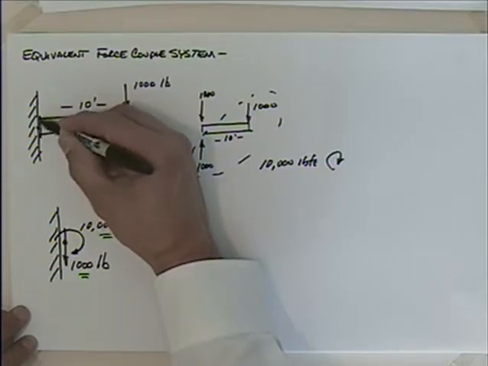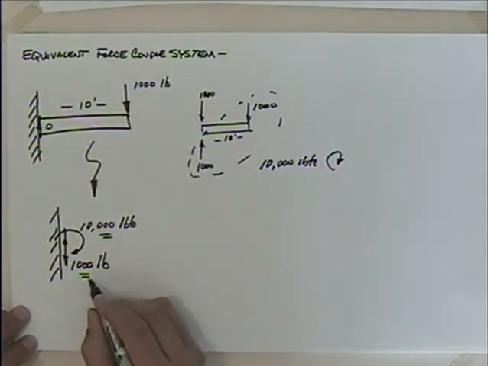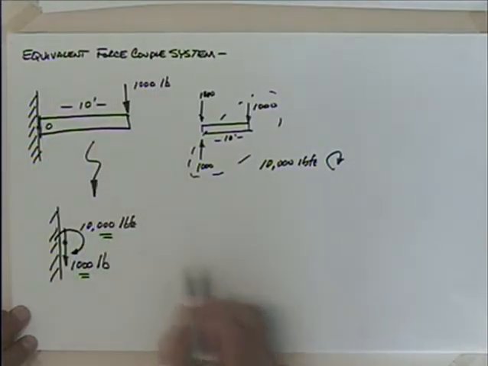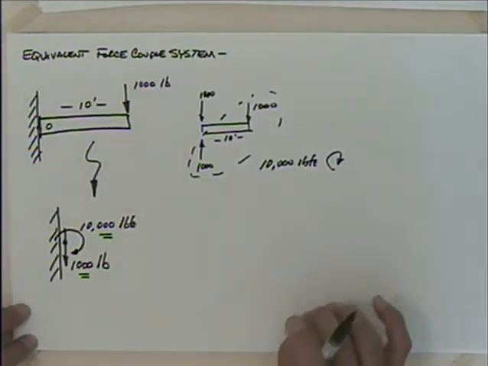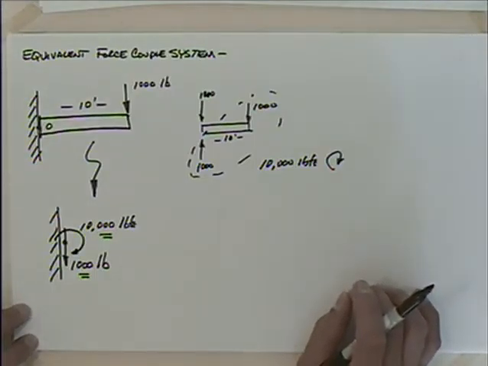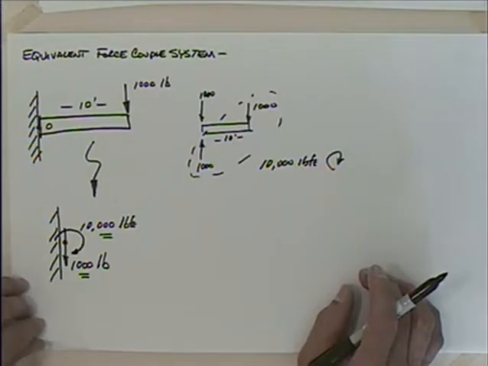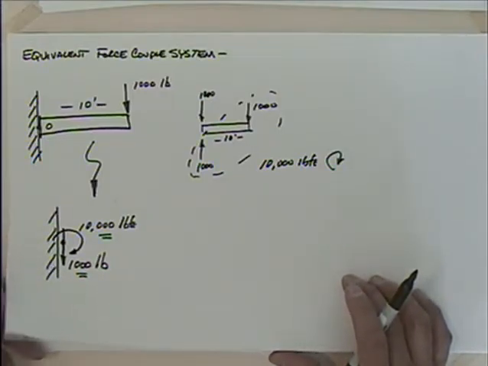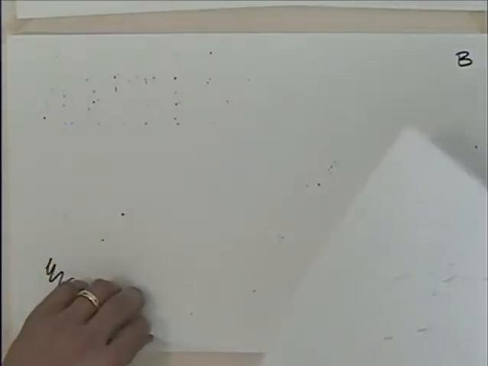We'll talk about the shear through this, which this number would be very important, and we'll talk about the bending moment at that point, where that would be important. So we will need both of those numbers, and coming up with an equivalent force couple system is important for that.